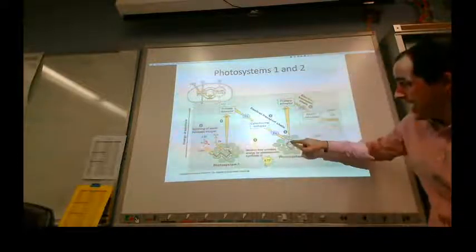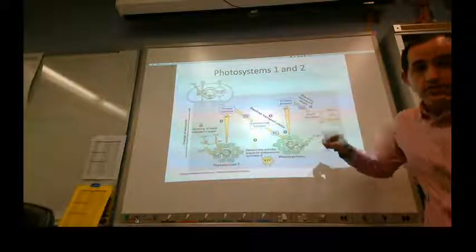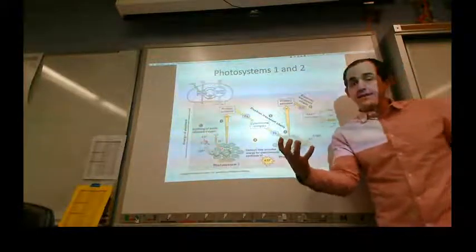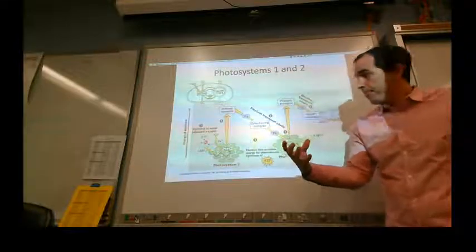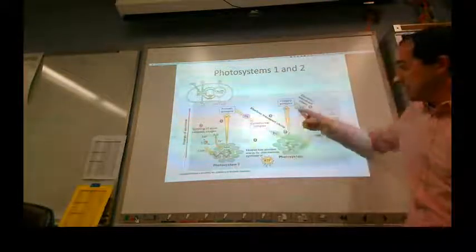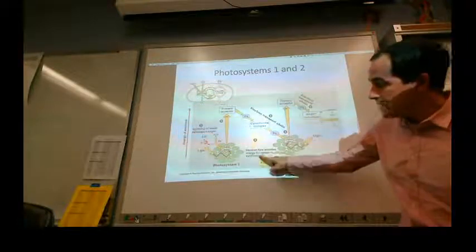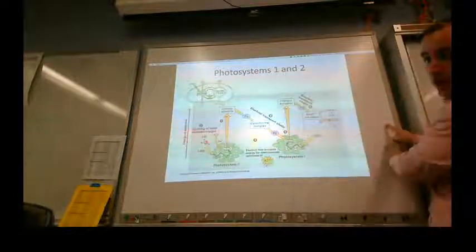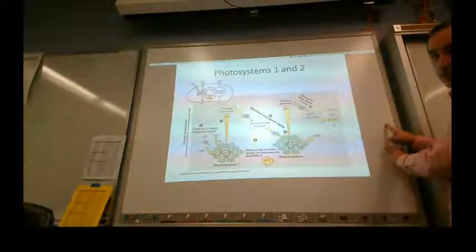Okay? So with our light-dependent reactions of photosynthesis, we have our light right here, energizing the electrons. Light energizing the electrons. So that's why plants need to take in light energy, okay? That light energy excites those electrons so that we can make ATP and we can make NADPH, and those can go to the Calvin cycle.